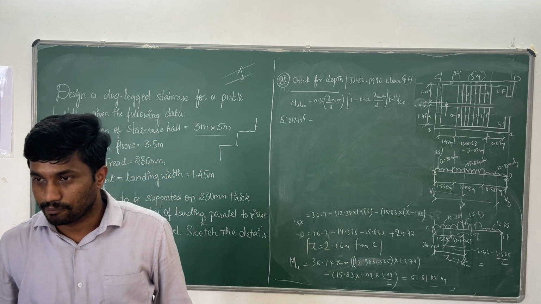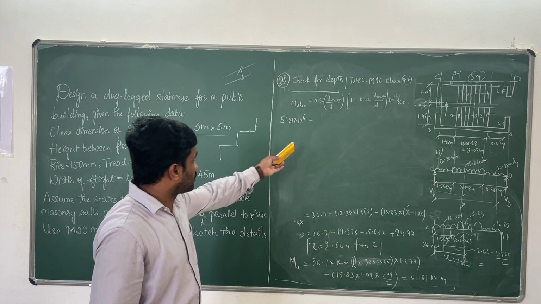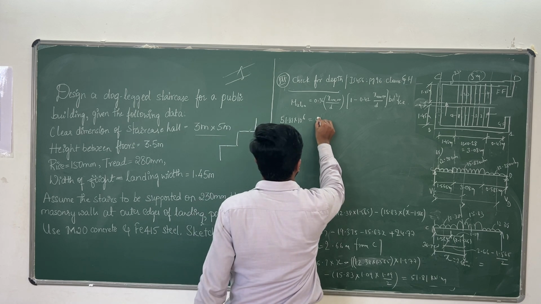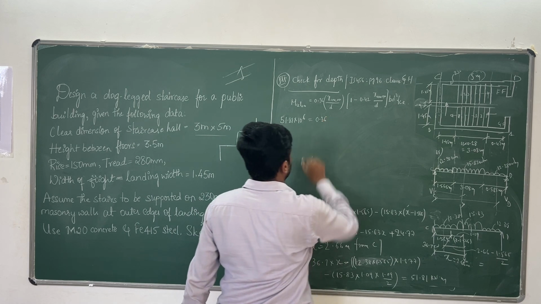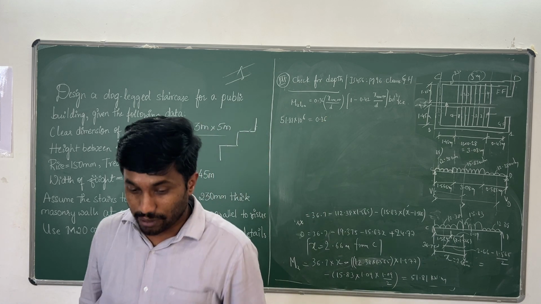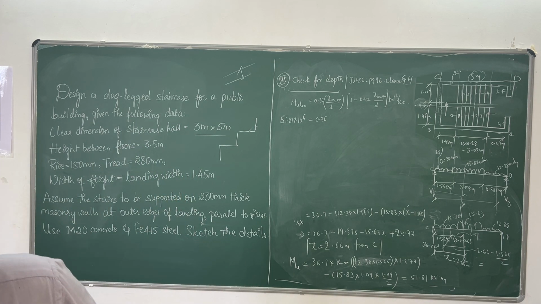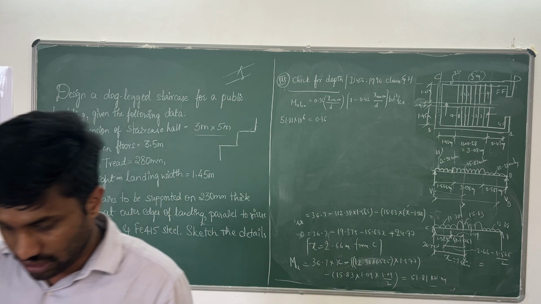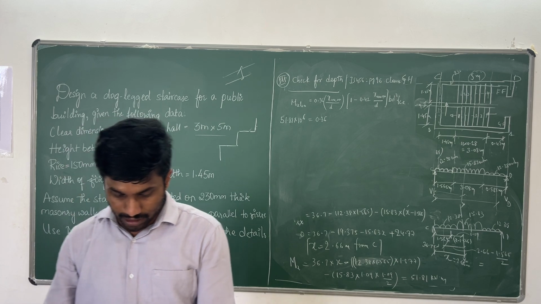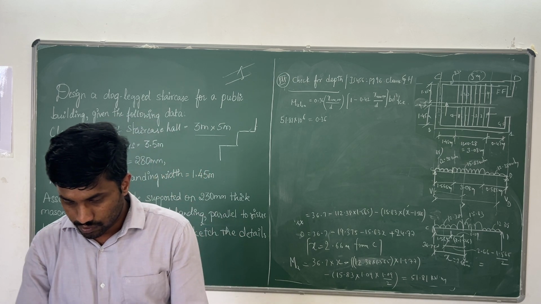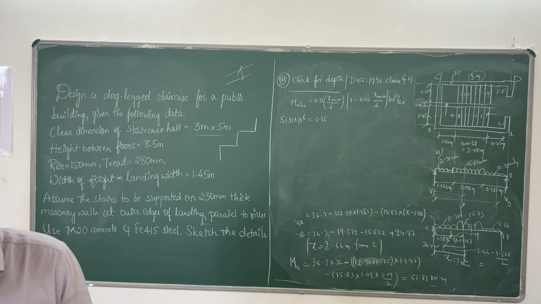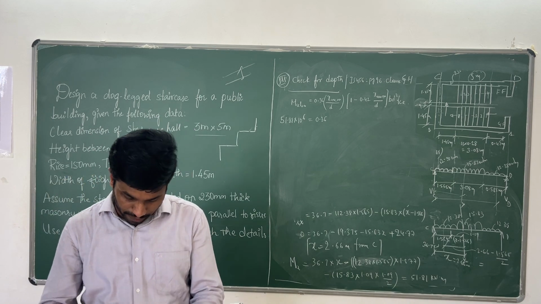Clear? 51.81 into 10 power 6, 0.36 xu max by d. That is also one of the parameters. Xu max by d is available in page number 70. You go to page number 70.